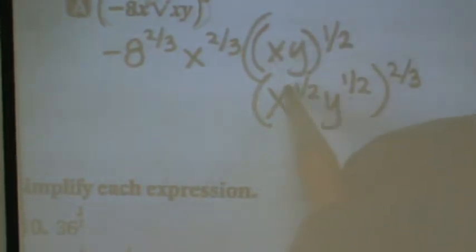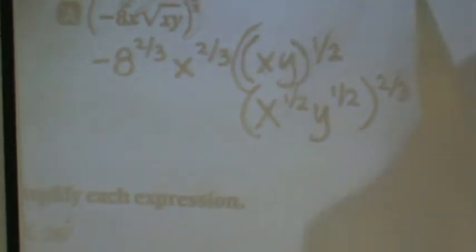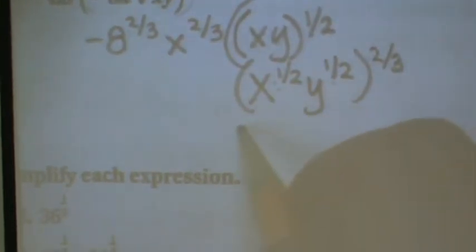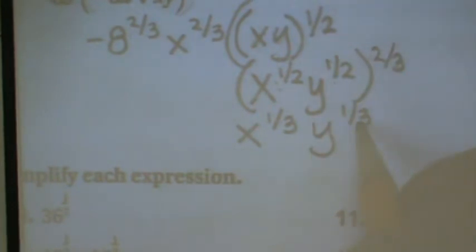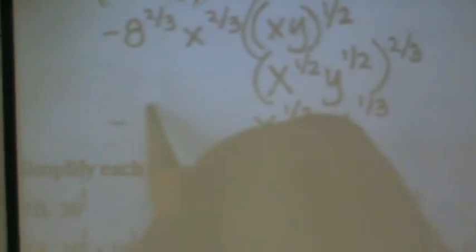Now what's 1/2 times 2/3? Do you know what happens to these two? They cross out. So this is gonna be x to the 1/3 power, and this is gonna be y to the 1/3 power. Did everybody understand? 1/2 times 2/3 is 1/3. So this is what you have.